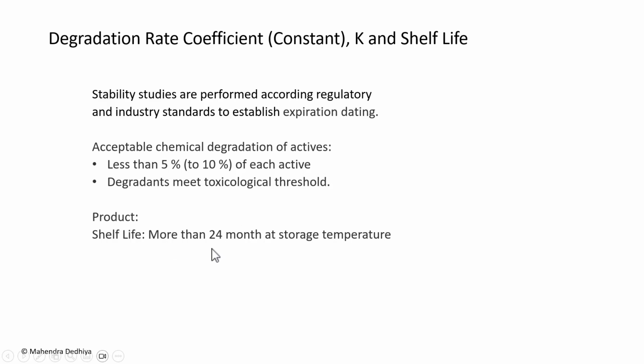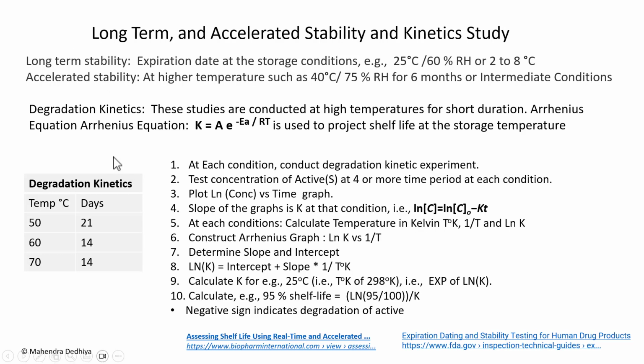A shelf life of more than 24 months at storage temperature is desirable. Based on accelerated conditions, we like to establish whether the product will meet 24 months shelf life at storage temperature. This can be done using the Arrhenius equation. We will see that in the next slide.